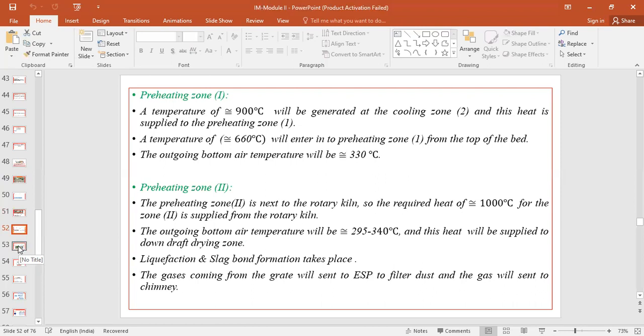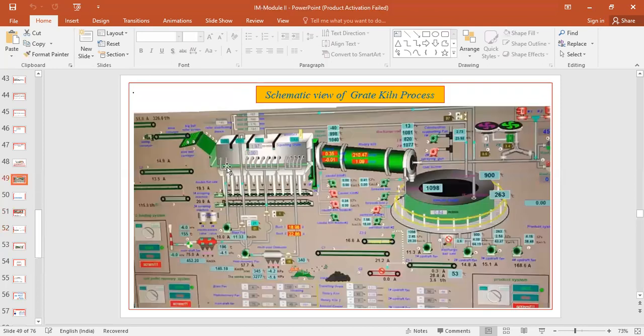And in preheating zone 1, the input temperature will be around 900 degrees centigrade, which we are supplying from the cooling zone 2. You can clearly see again this particular pipe having a temperature of around 900 degrees centigrade. If you simply follow this pipe, you can understand where it is going.